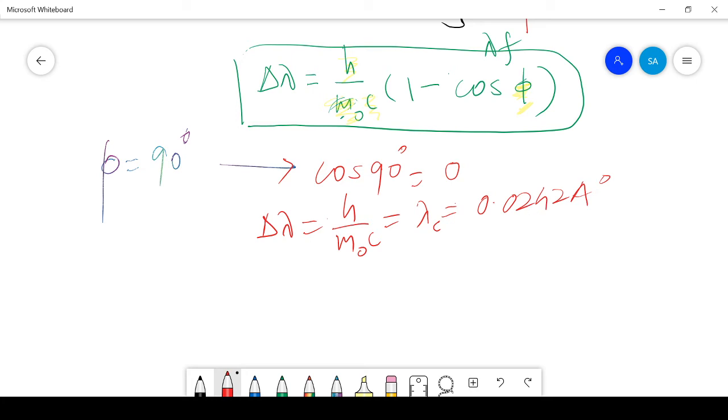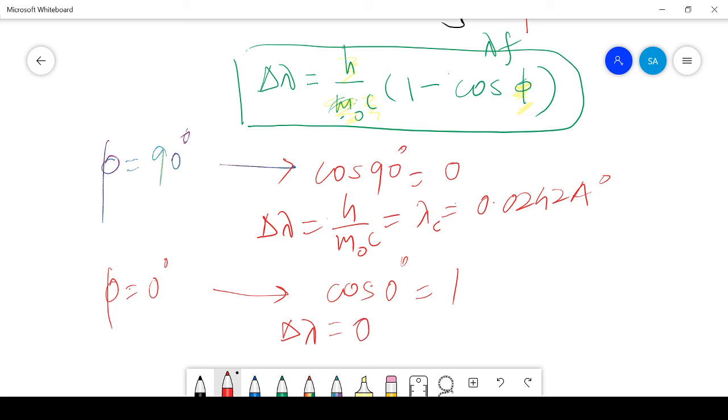Now suppose phi is equal to 0 degrees, so the electron will not get scattered, there is no scattering effect. If the electron is not scattered at all, then what will the phi angle be? It will be 0. So cos 0 degrees is equal to 1. Then del lambda is equal to 0.